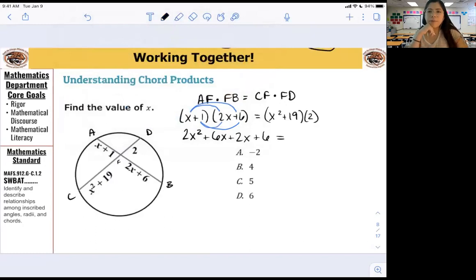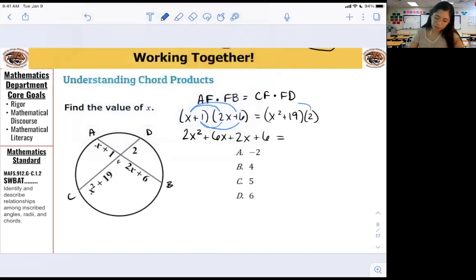Now on the right side, am I foiling or something else? What do I do on the right side? Good, I just distribute.